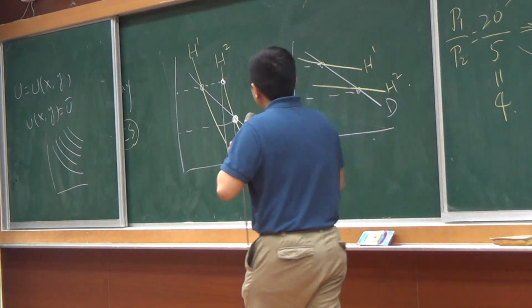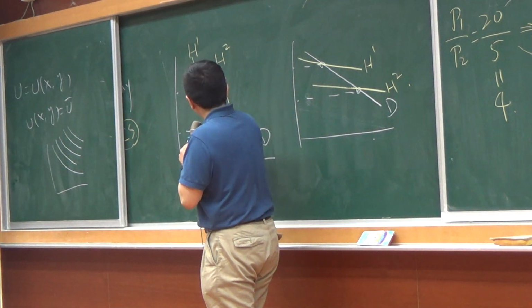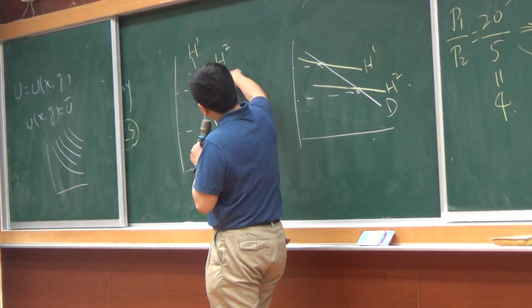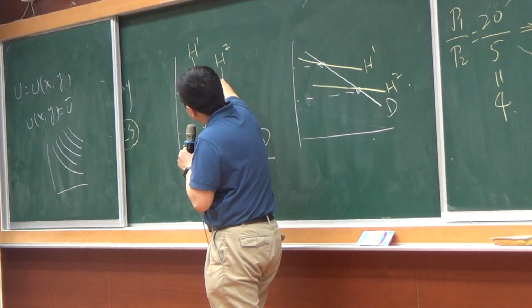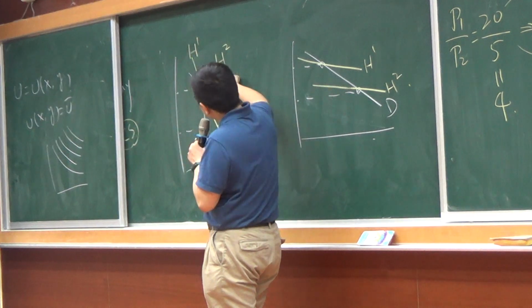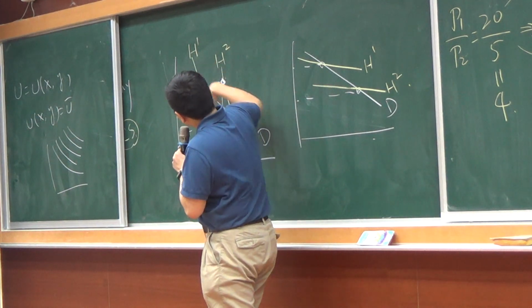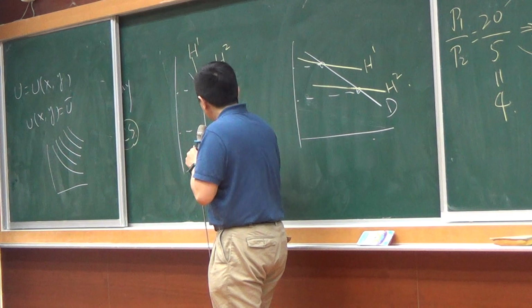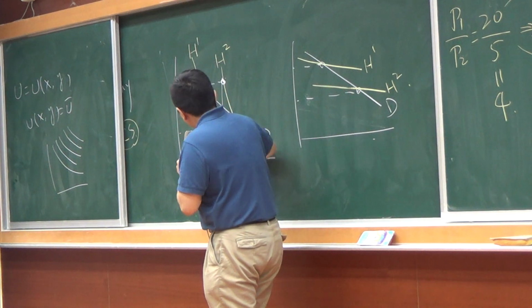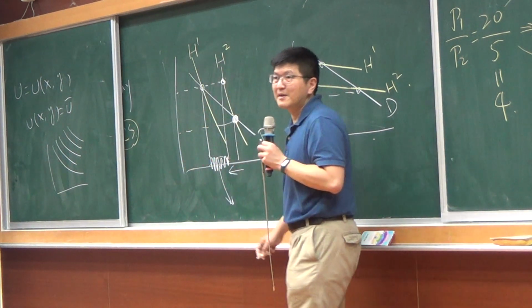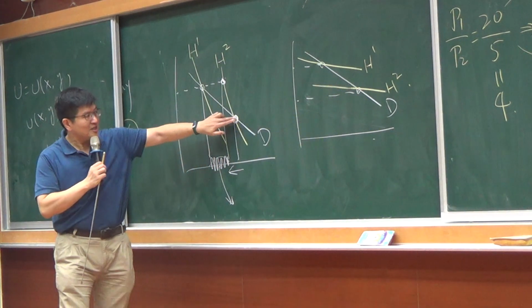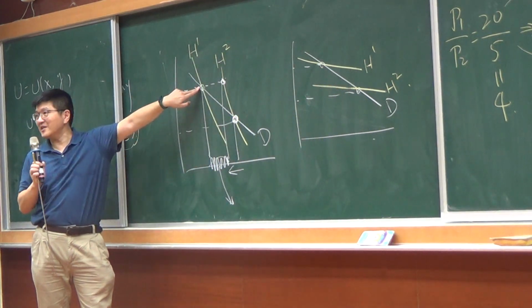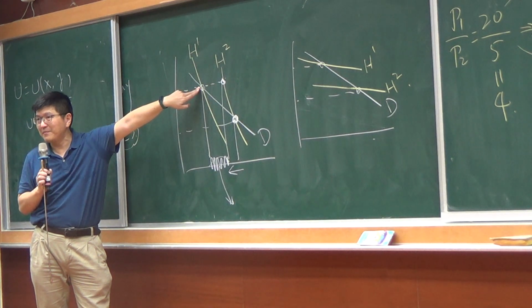Okay. So the difference between the pure substitution effect and the total price effect. Substitution effect, total price effect. So the difference is about what? Once again, from here to here is the price effect, right?